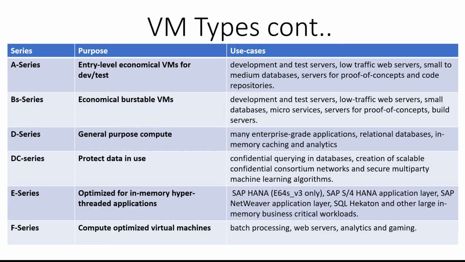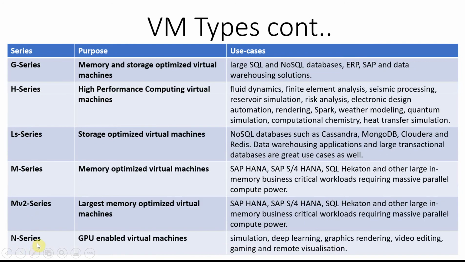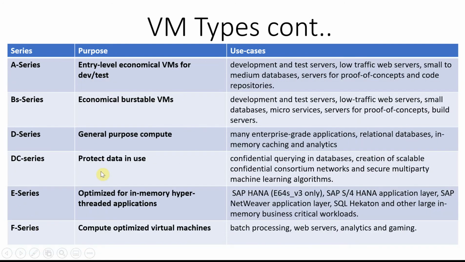And if you look at the various VM types available, starting from A series to B series, D, E, F, G, H, the list goes on. But generally they follow some conventions. For example, A series is generally for economical VMs. Then B series is economical but burstable VMs. Burstable meaning based on your usage, your burstable units will add.